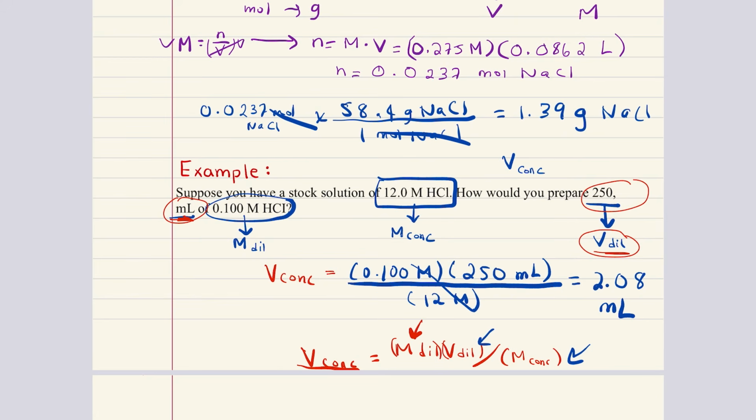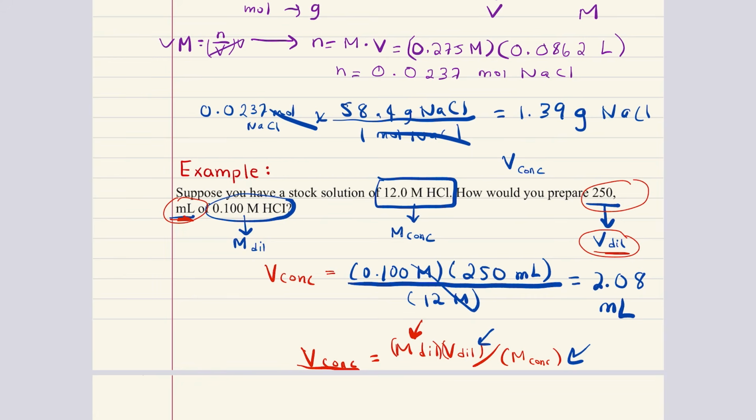All right, to be able to prepare 250 milliliters of 0.1 molar hydrochloric acid. So what that means is this is how you're going to prepare this diluted solution. Now, just a fun fact, you never add water to a concentrated strong acid.